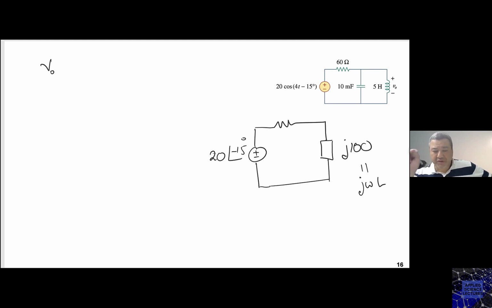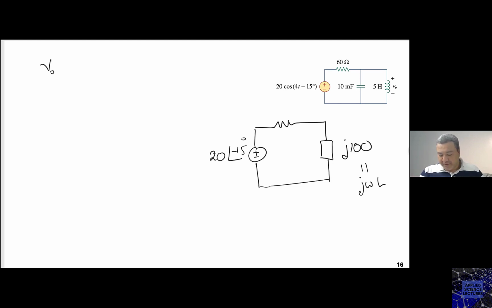At this frequency, omega equals 4 radians per second, the equivalent impedance is an inductive load. If you change the frequency, things may change.